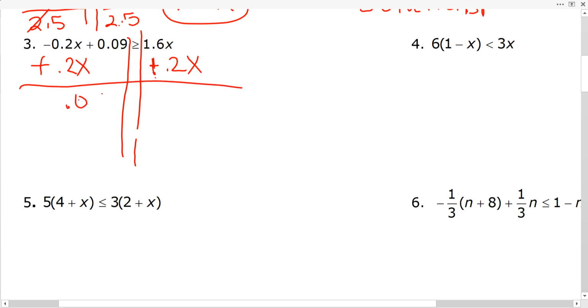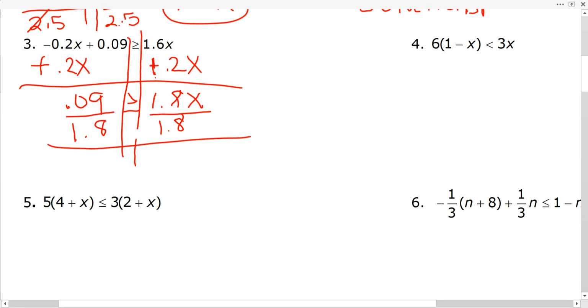I end up with 0.09 greater than or equal to 1.6 plus 0.2 is going to be 1.8x. Divide both sides by 1.8. And I end up with 0.05 greater than or equal to x. And I'm going to go ahead and flip it around so that my variable's on the left, which is a good habit to get into. And I end up with x is less than or equal to 0.05.